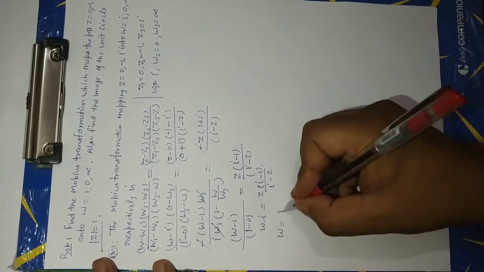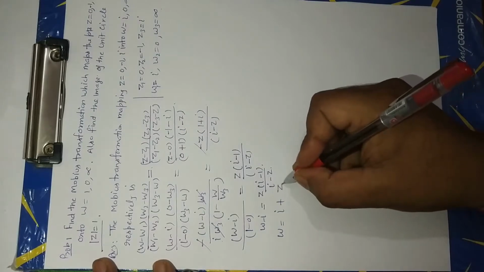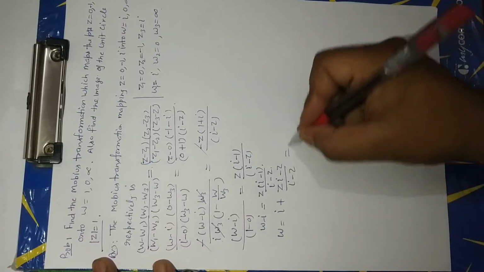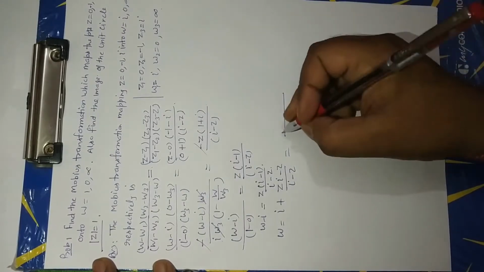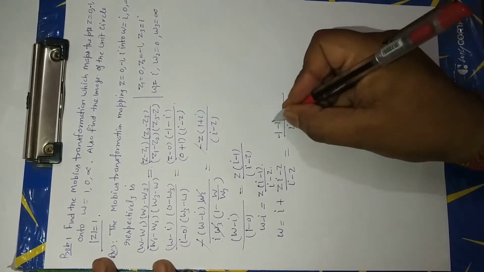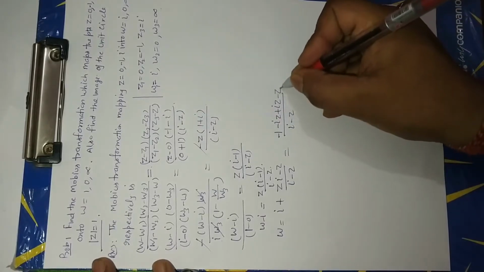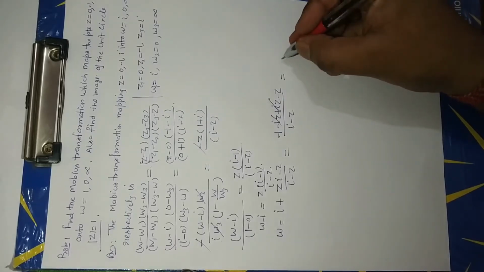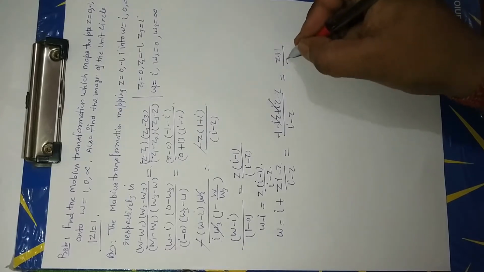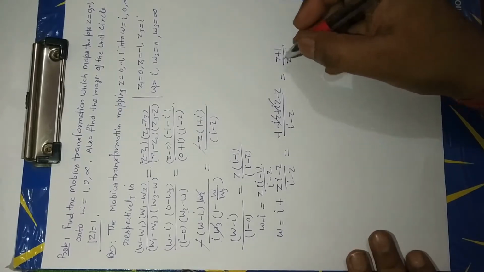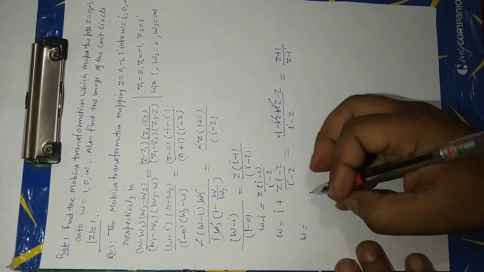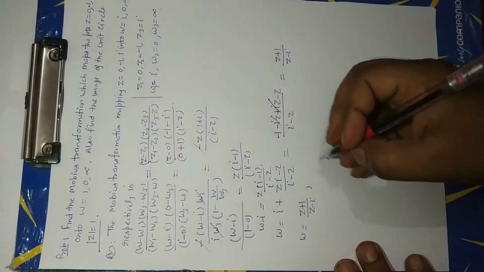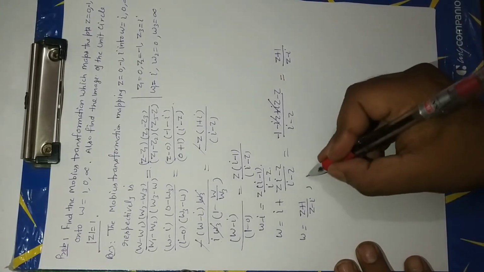This gives w is equal to i plus zi minus z upon i minus z. Now taking LCM, i minus z minus 1 minus iz plus iz minus z. This cancels. Now z plus 1 upon z minus i. That is w is equal to z plus 1 upon z minus i, which is the required Mobius transformation.